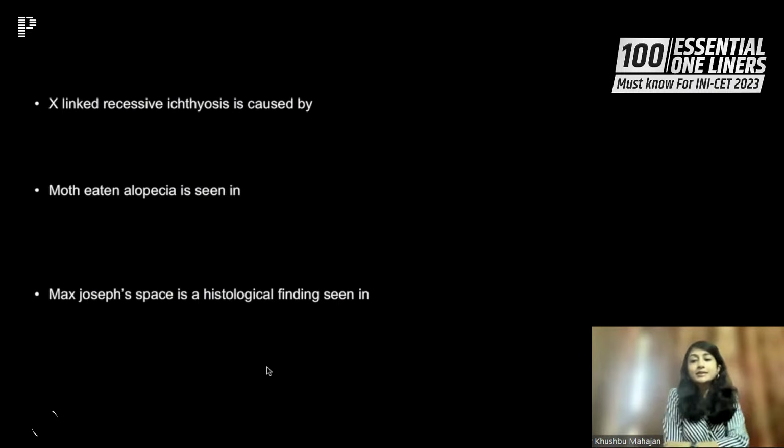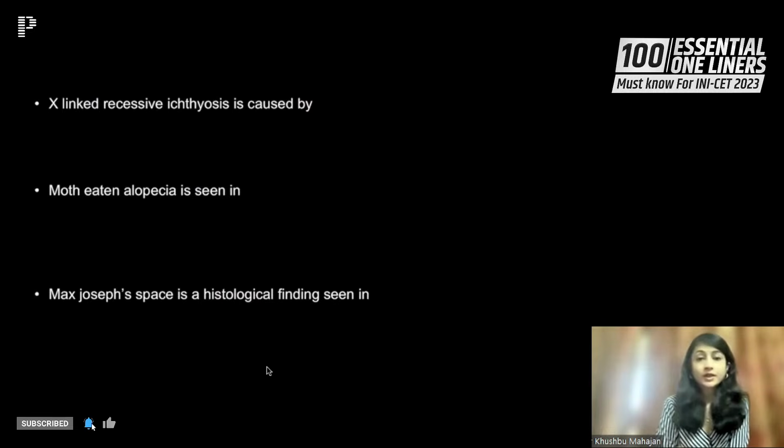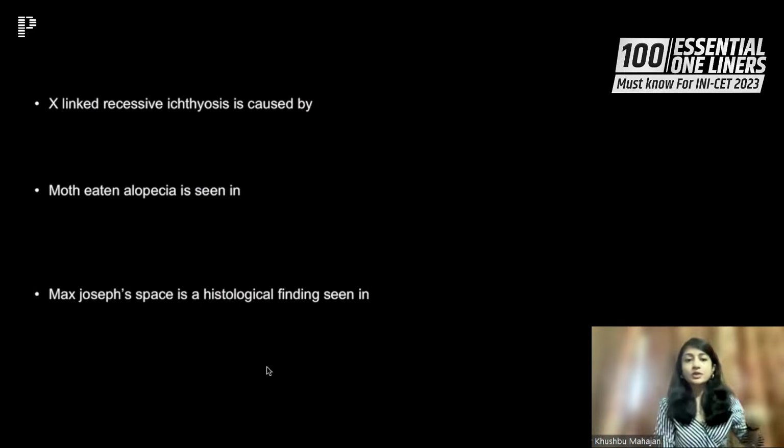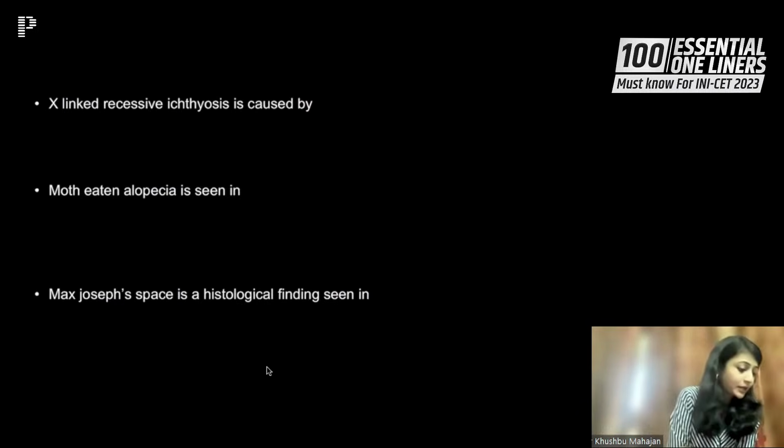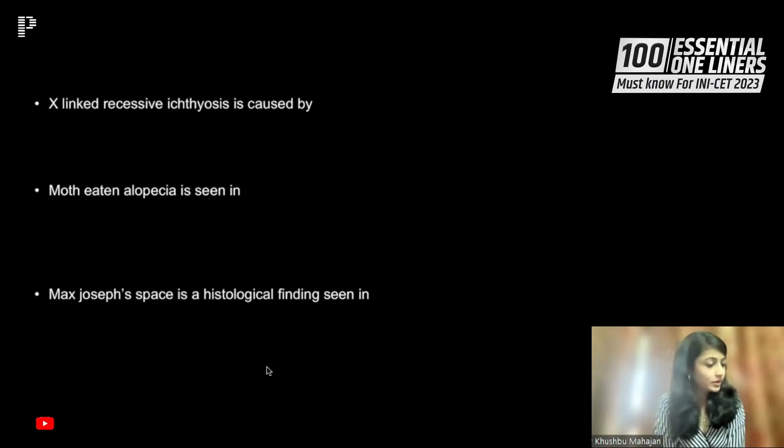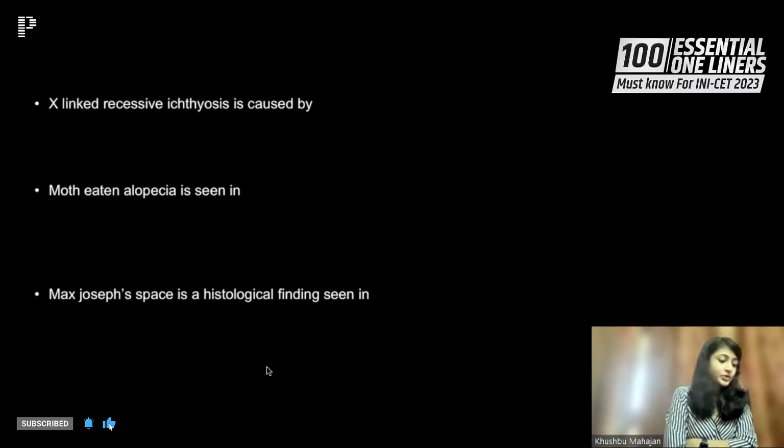Next question. X-linked recessive ichthyosis is caused by? A hint. It is caused by a deficiency of an enzyme, or you can talk about a gene. So, Jitain, transglutaminase is for lamellar ichthyosis.